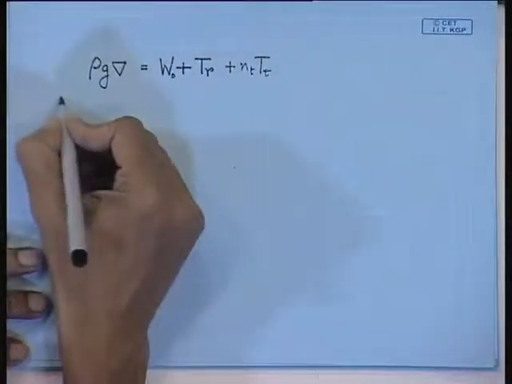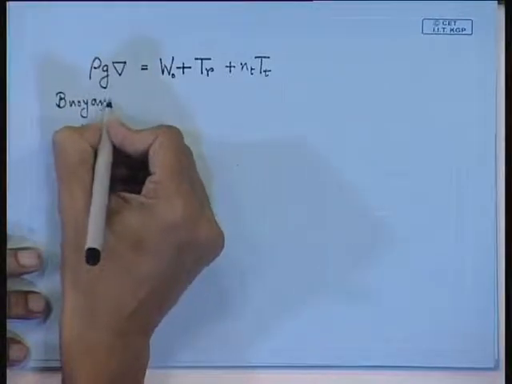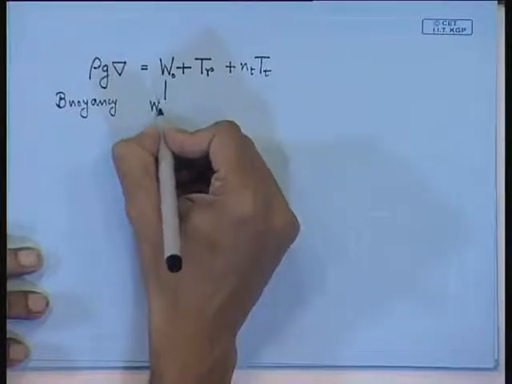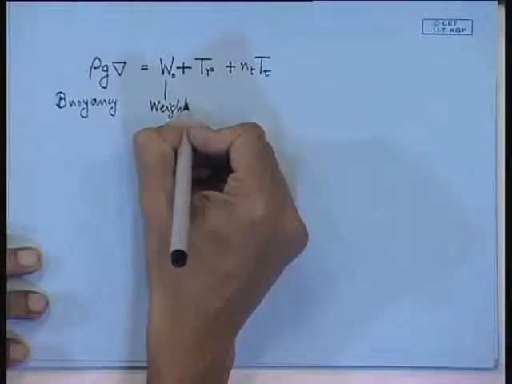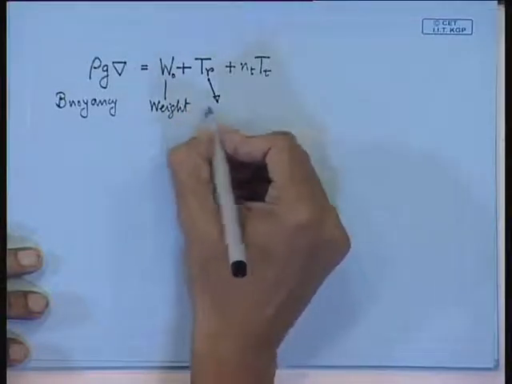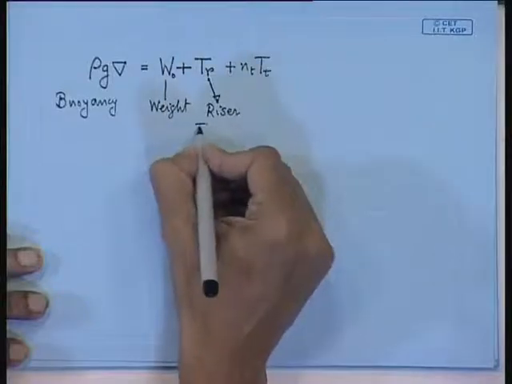So, this is your buoyancy, this is your weight. What is TR? TR is riser tension.